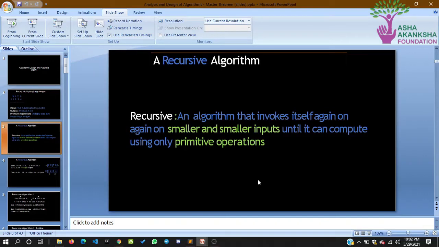And of course, in this course, we are trying to optimize that black box to the extreme and get the best possible output in the minimum possible time while consuming the least number of resources. So an algorithm that invokes itself again and again on smaller and smaller inputs is called a recursive algorithm.